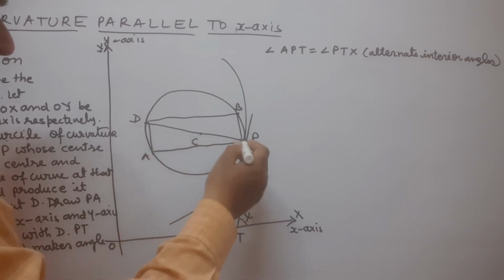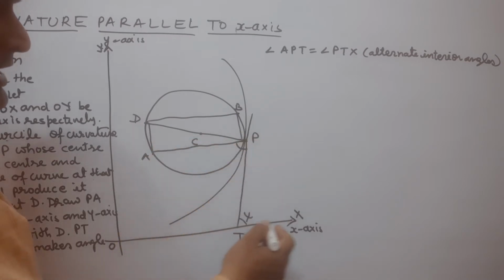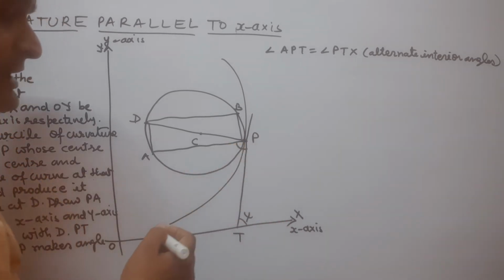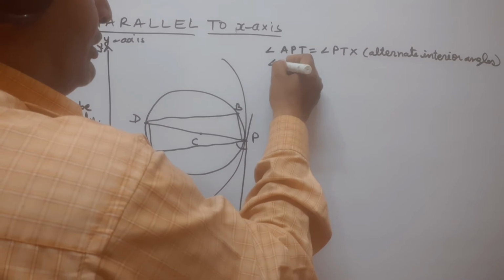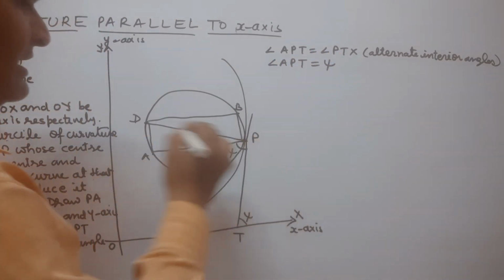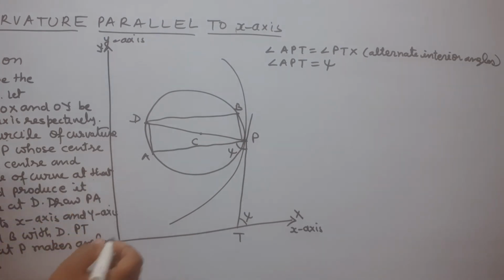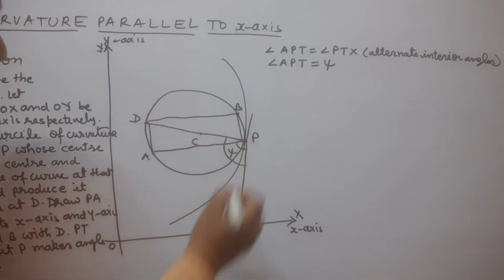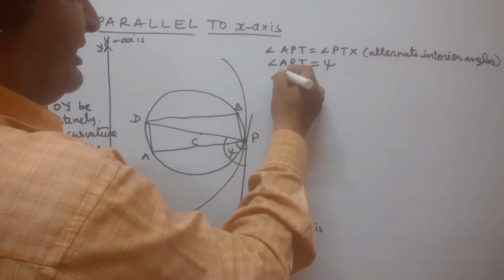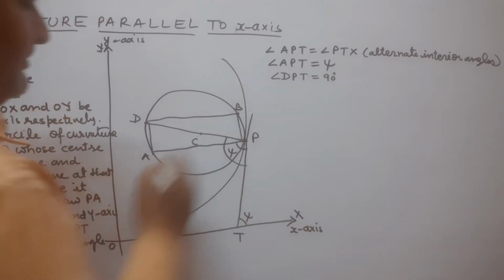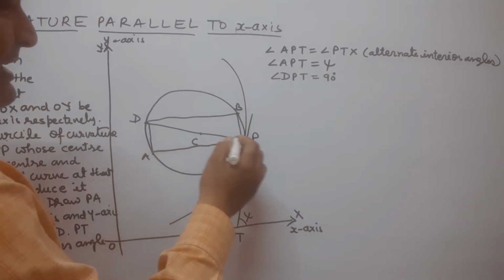So angle APT is equal to angle PTX because both are the alternate interior angles. So angle APT is equal to psi here. We can see that this is psi. Also we know that this whole angle DPT is equal to 90 degrees. Now we find here angle APD.